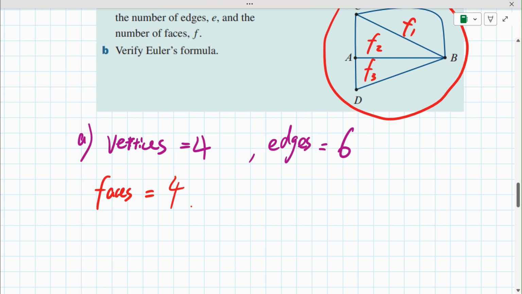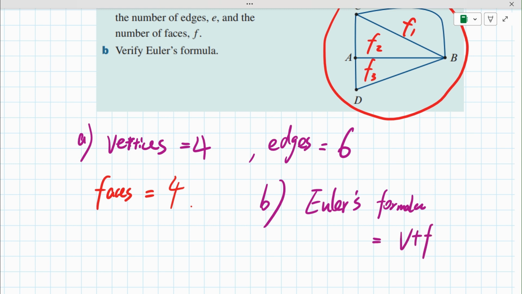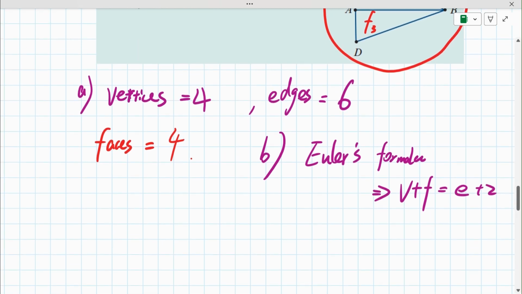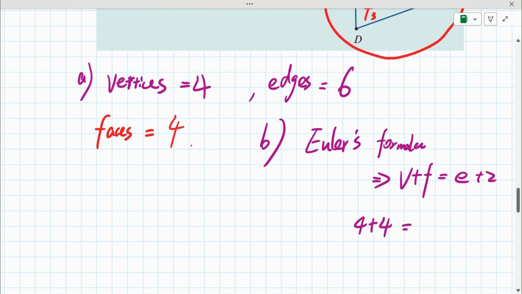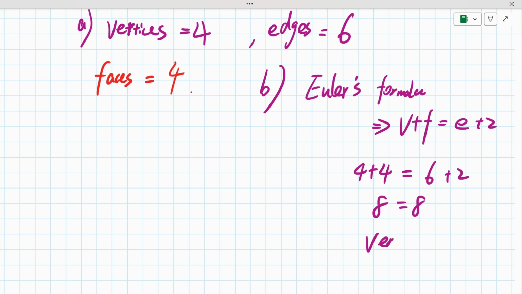Now we verify Euler's formula, which we can rewrite. For question B, Euler's formula is V plus F equals E plus 2. So 4 plus 4 equals 6 plus 2. 8 equals 8, which means it is verified.